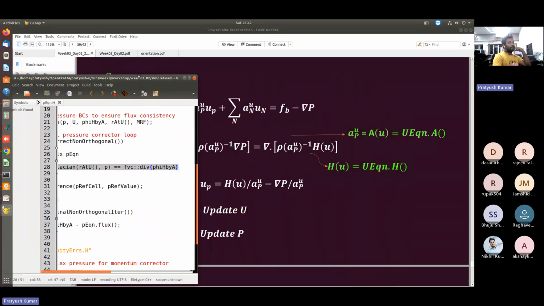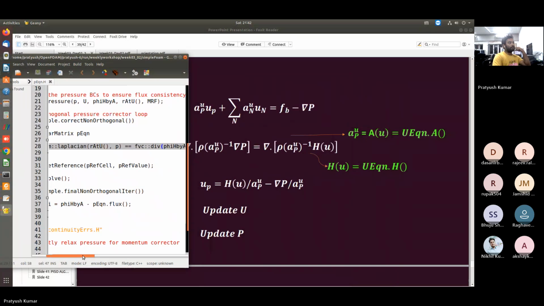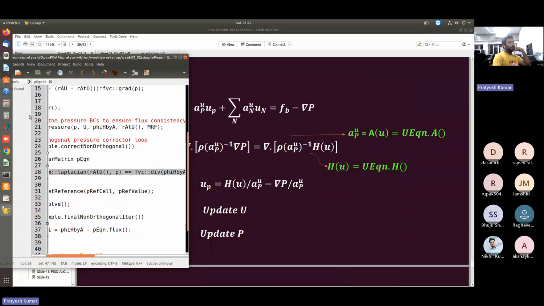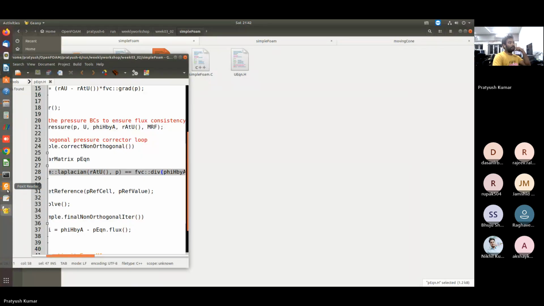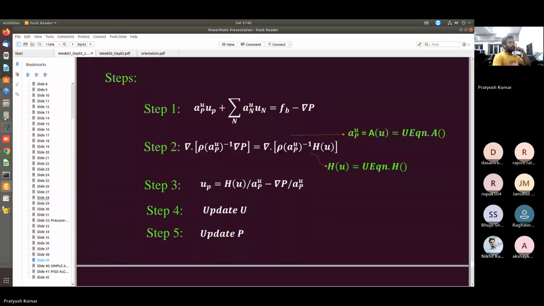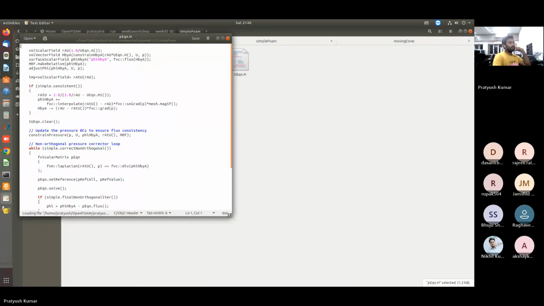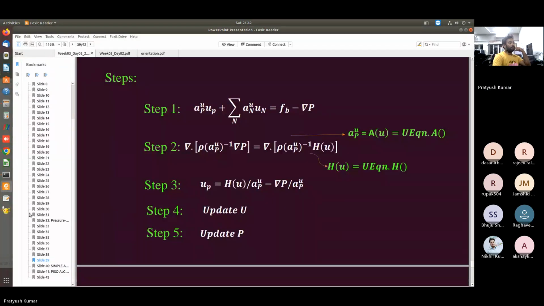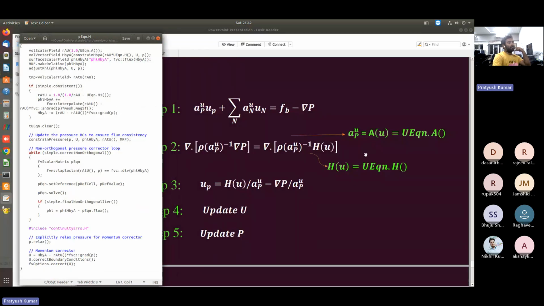Okay, now you can see here this complete equation that I am saying.